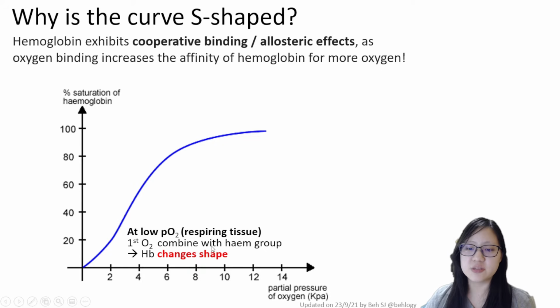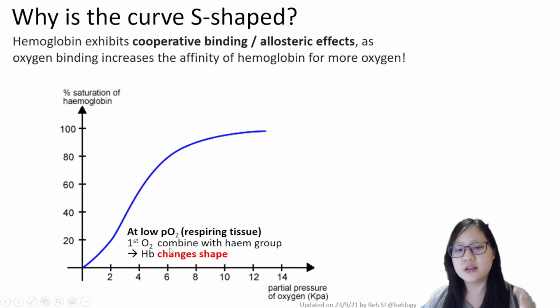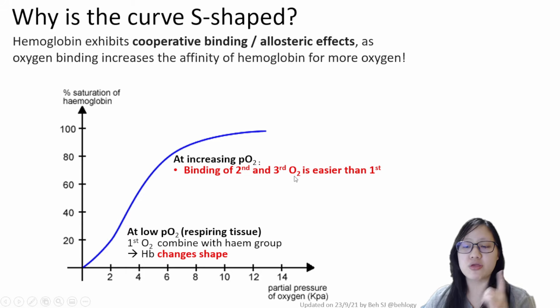Probably at the respiring tissue, the first oxygen that combines with it changes the shape of the hemoglobin a little bit. This makes it have higher affinity towards the second and third oxygen, making the binding of the second and third oxygen molecule easier than the first one.